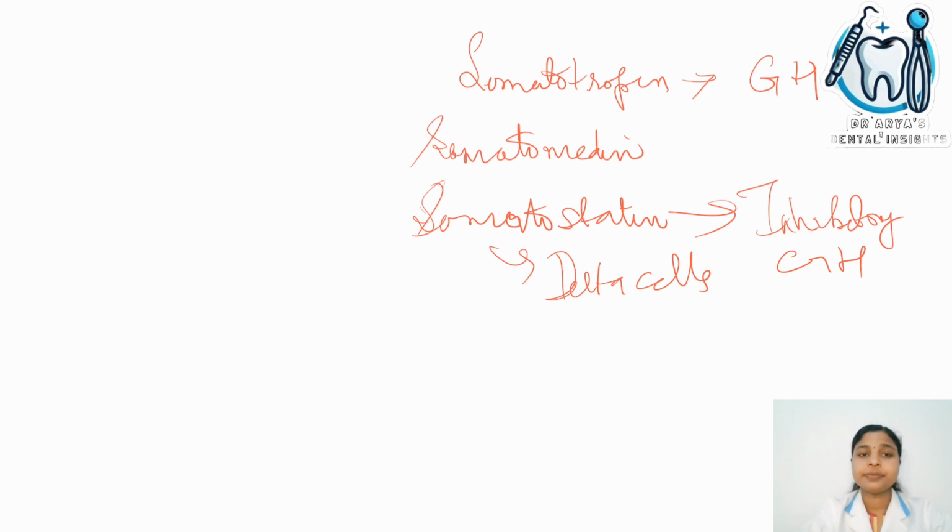So these are the three hormones: somatotropin is another name for growth hormone; somatomedin is secreted by the liver under growth hormone stimulation, and growth hormone has no direct action on bones but acts through somatomedin; and somatostatin is the inhibitory hormone of growth hormone, secreted by delta cells of islets of Langerhans in pancreas. Okay.